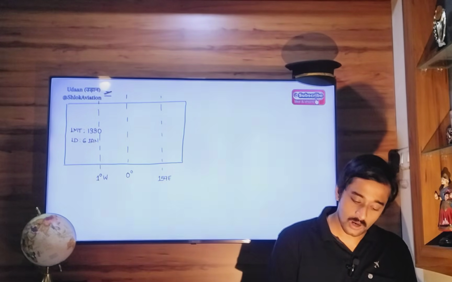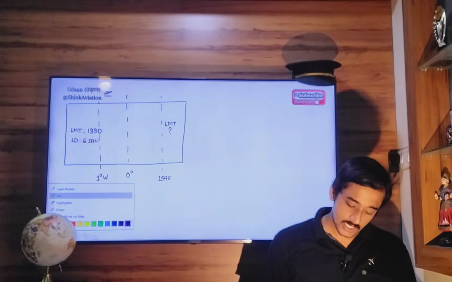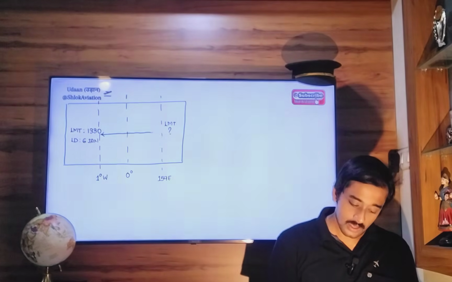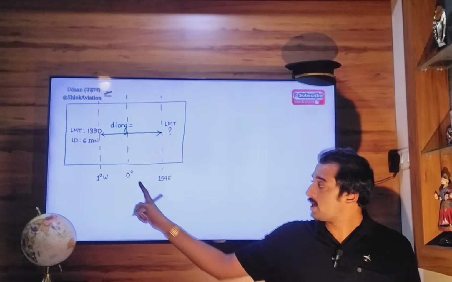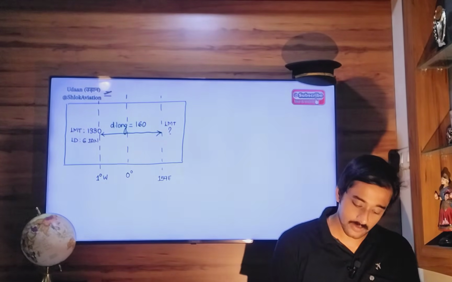Now what will be the local mean time and local date at 159 degree east longitude? Now what is the d long between them? The d long between these two longitudes is equal to 1 degree plus 159 degree, that is 160 degree.